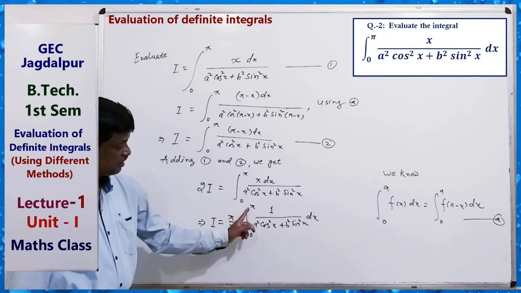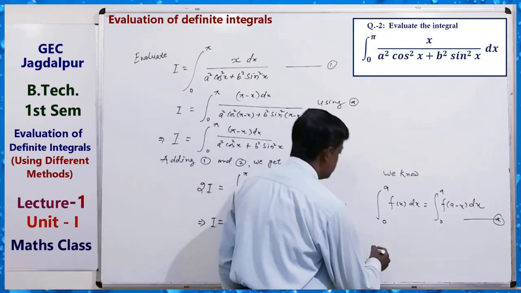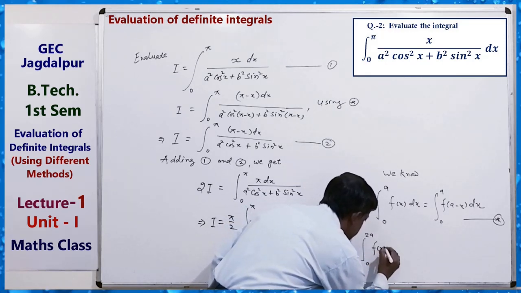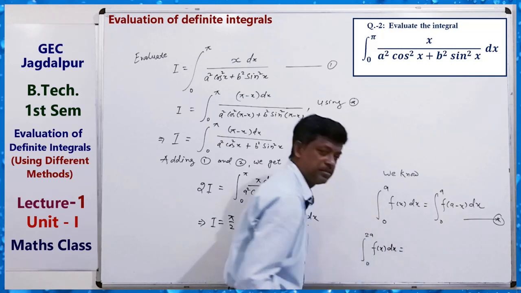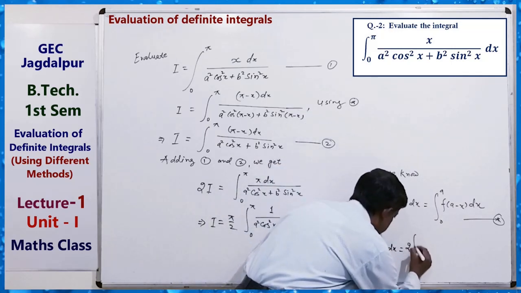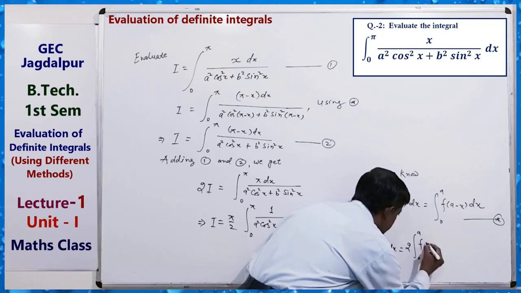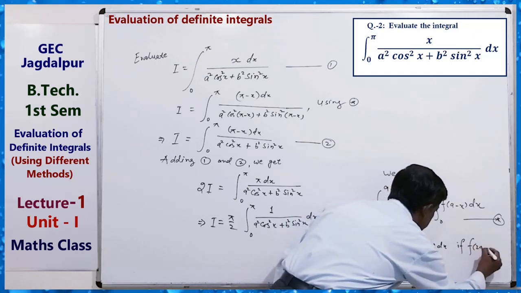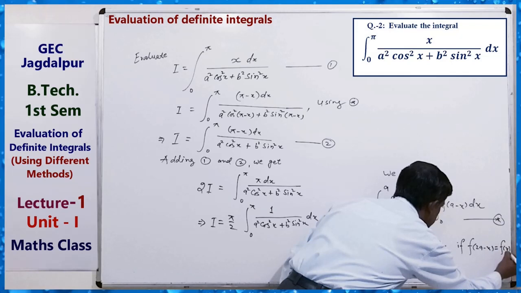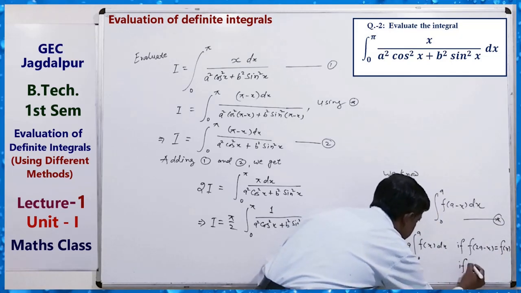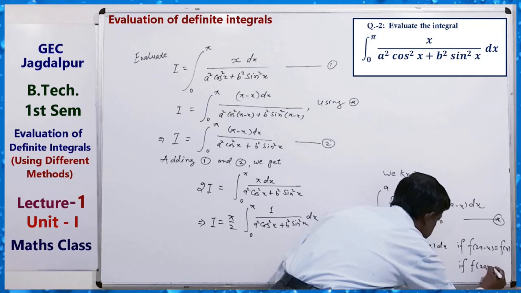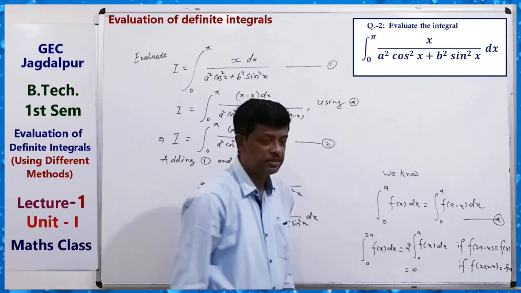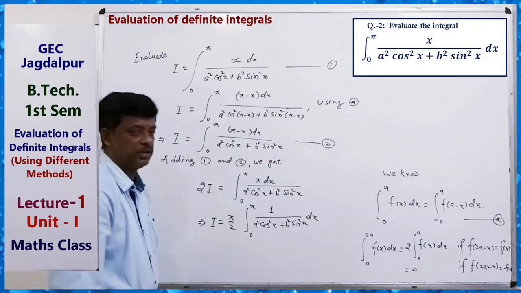Means we can use the formula: integral 0 to 2a of f(x) dx is equal to 2 times integral 0 to a of f(x) dx if f(2a minus x) equals f(x), and if f(2a minus x) equals minus f(x), this is 0. So we can use this property.